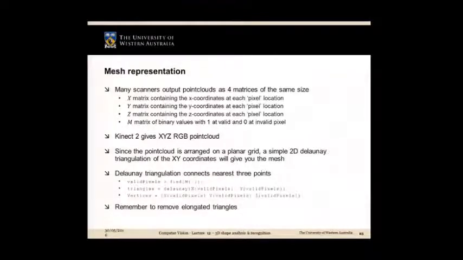Valid points are those which have been scanned correctly by the scanner, and as you're trying to capture depth or 3D information, the scanner sometimes misses some of the points. It could not capture some of the points, so it returns you 0 for those points, right? And that's why if you look at your Kinect data, there are some holes in the data. There is some missing information in the data, and that's because of those invalid points.